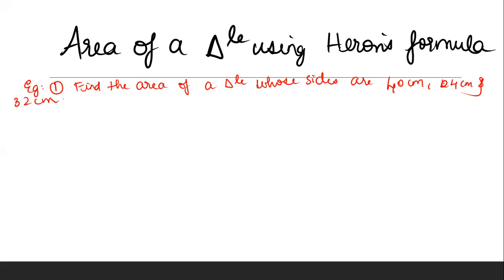So find the area of this triangle. Let me just draw this triangle for you: 40, 24, 32. In brackets, it's also given that we use Heron's formula.